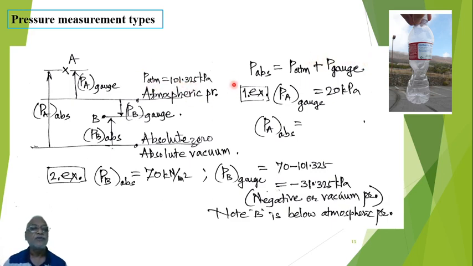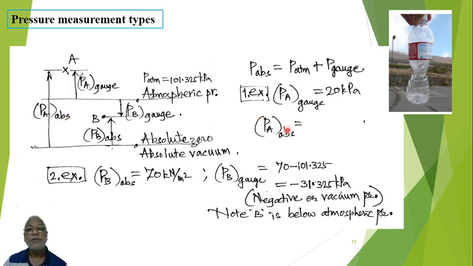We know that the atmospheric pressure magnitude is 101.325 or 101.4 kilopascals. So if I want to find gauge pressure, I can always calculate it by subtracting atmospheric pressure from absolute pressure. Now I have considered the pressure at point A as a gauge pressure of 20 kilopascals, that is 20 kilopascals above atmospheric pressure. Can I calculate absolute pressure?